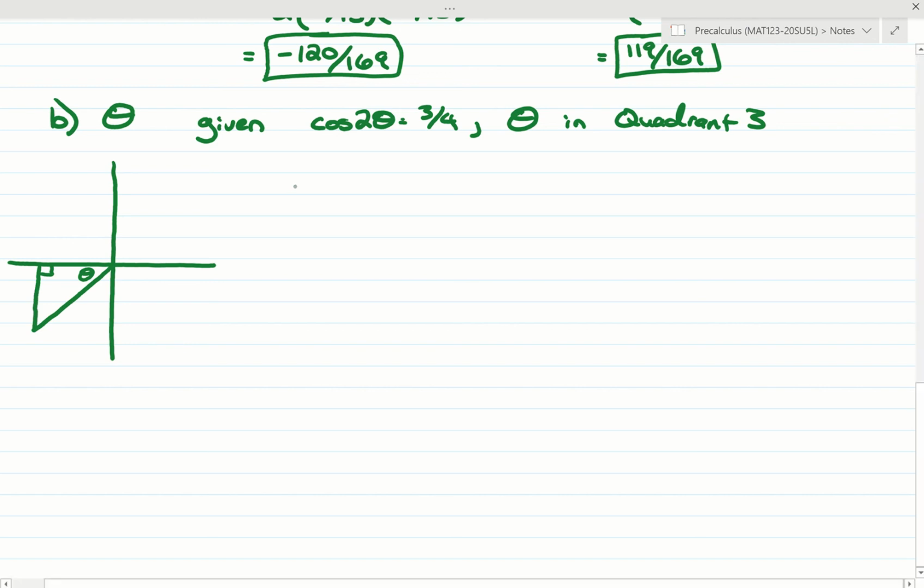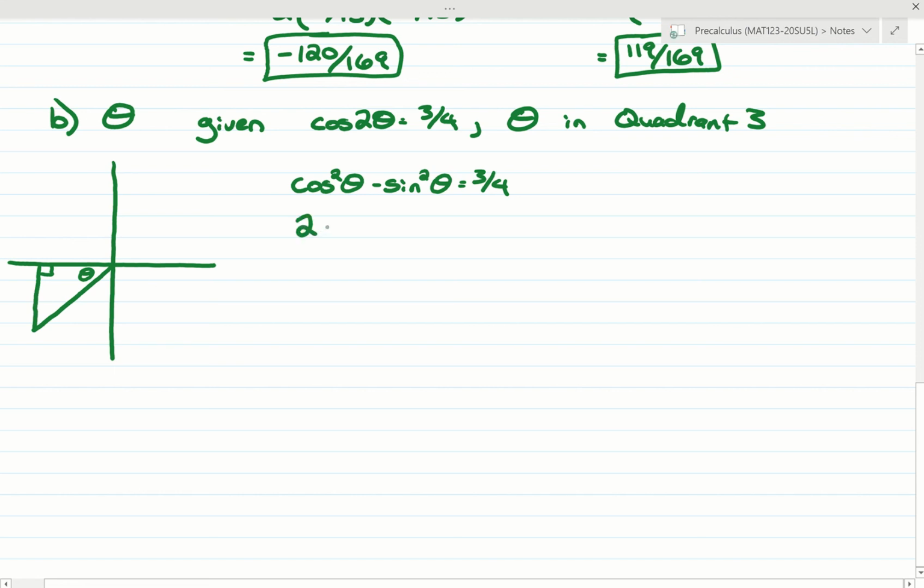So the formula for cosine of 2 theta is cosine squared of theta minus sine squared of theta is equal to 3/4. But with that formula, we can't really solve for theta because we don't know cosine, we don't know sine. But let's use another formula. What if we could pick any of the other two?